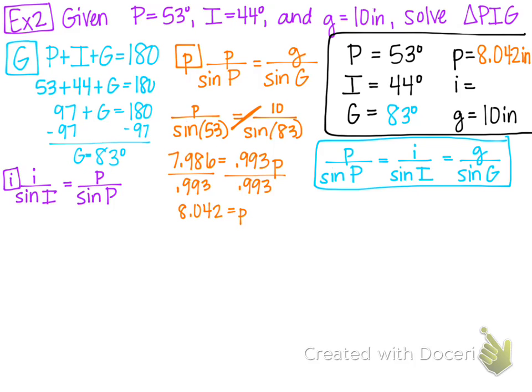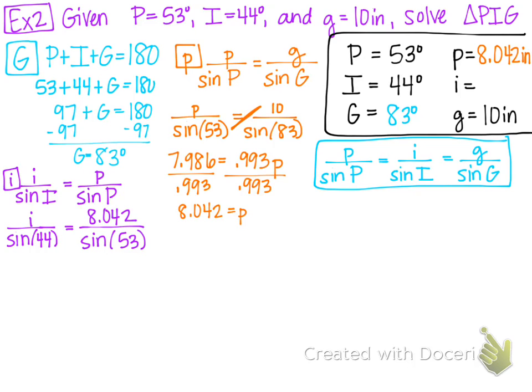Little i we don't know, over sine of big I, and big I is 44. And that's equal to little p, which we just found is 8.042, over sine of big P, which is 53 degrees.